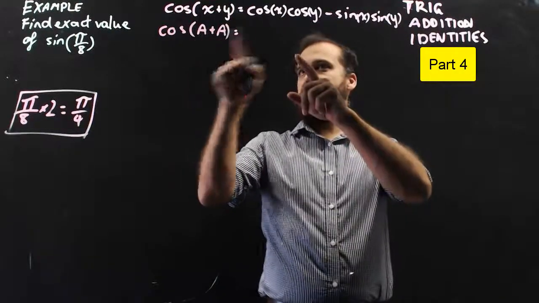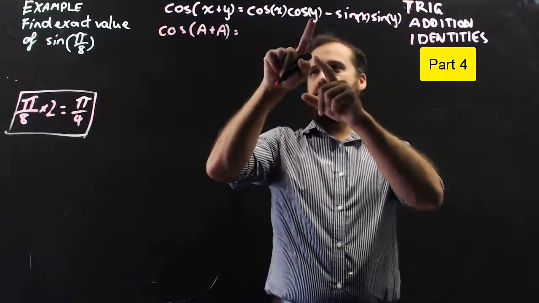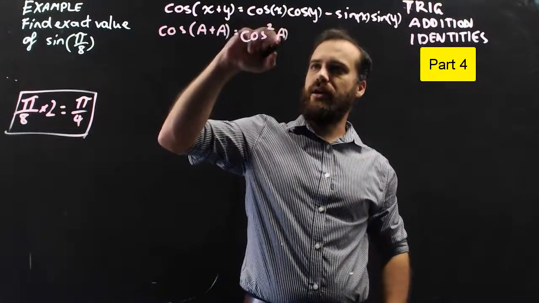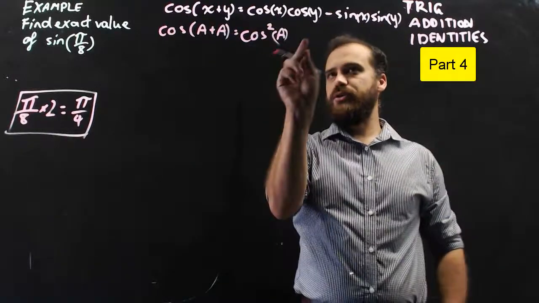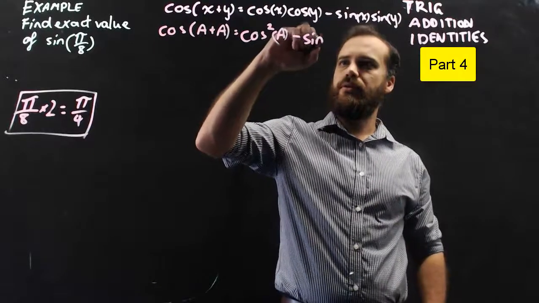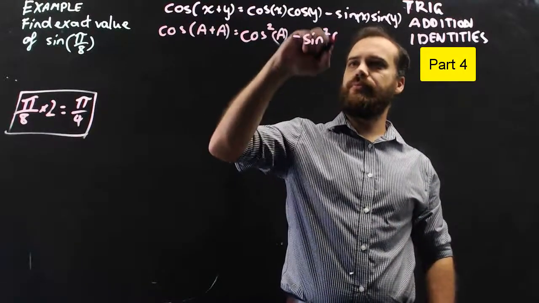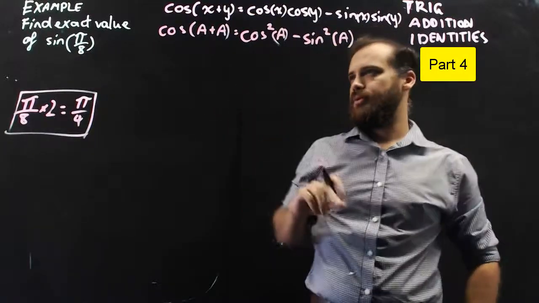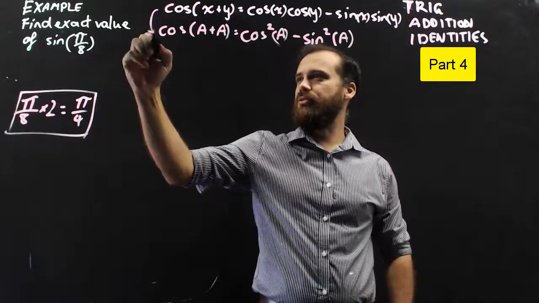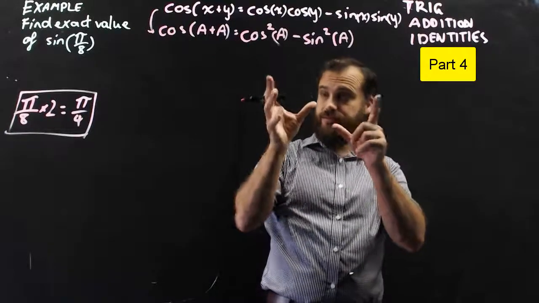If we use a here and a here, we end up with cos squared a. And if we use it here, we end up with negative sine squared a. So this is a natural movement from our cosine identity.